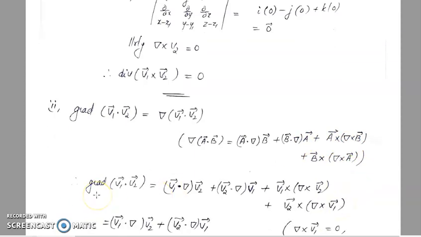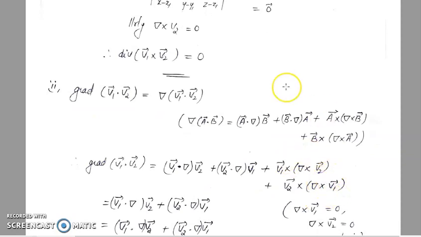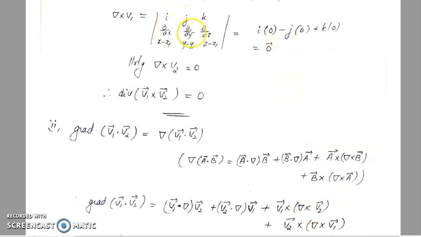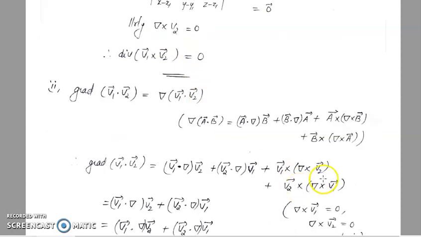So replacing a by v1 and b by v2, gradient of v1 dot v2 is v1 dot del into v2 plus v2 dot del into v1 plus v1 cross del cross v2 plus v2 cross del cross v1. Now in this step, we have found that del cross v1 is 0 and del cross v2 is 0. So these two terms will be 0.